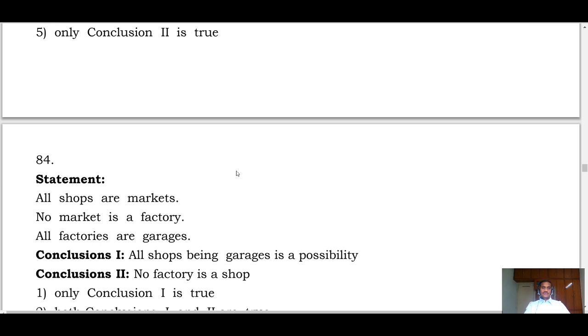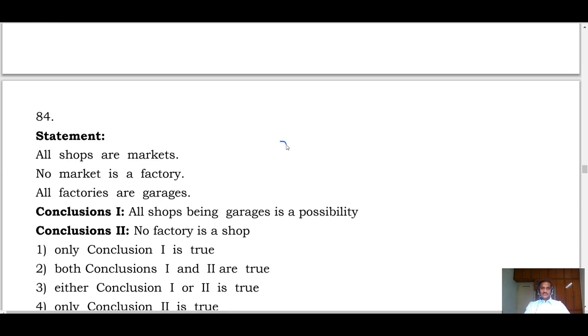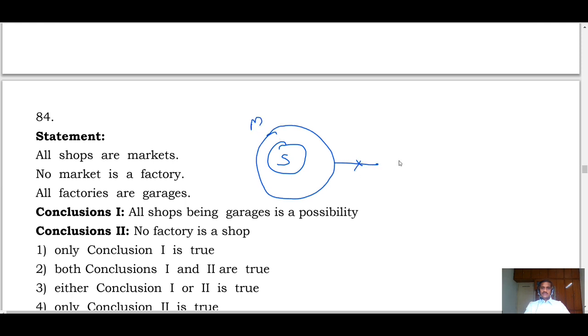Then 84. All shops are markets. Now these are the shops which are markets. No market is a factory. And all factories are garages. First one, all shops are garages, is it possible? The entire shop must be garage, and this shop must come into this place.